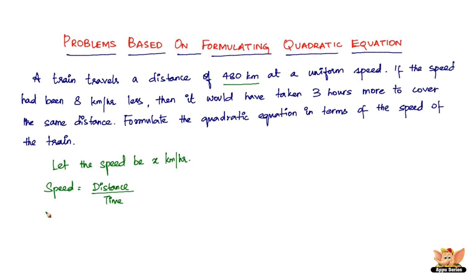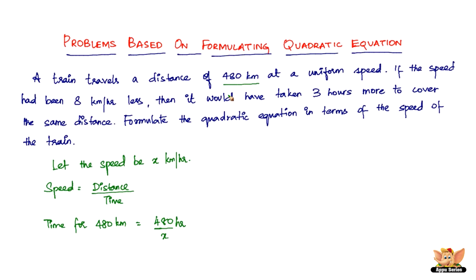The time taken to travel 480 kilometers would be 480 divided by x hours.